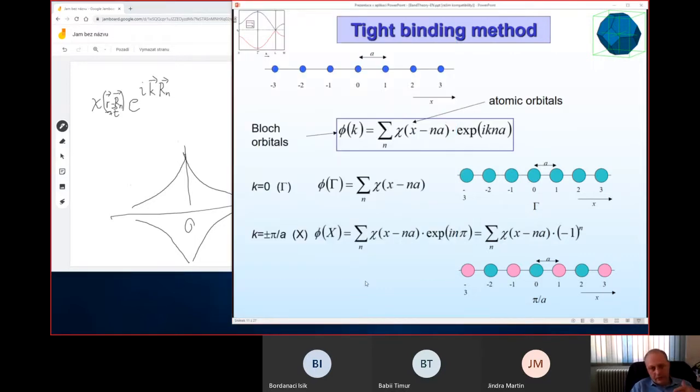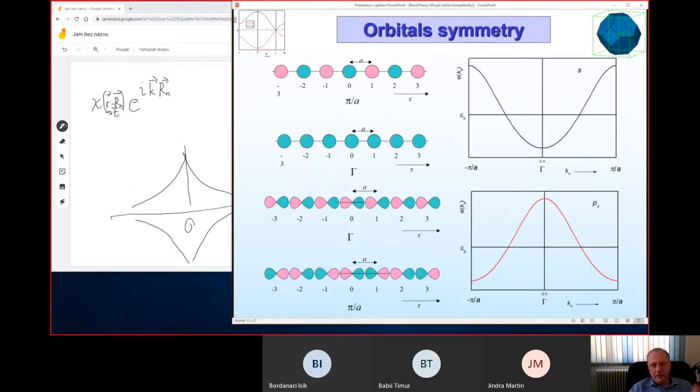So based on these considerations, we can plot the energy versus the k vector or k number.